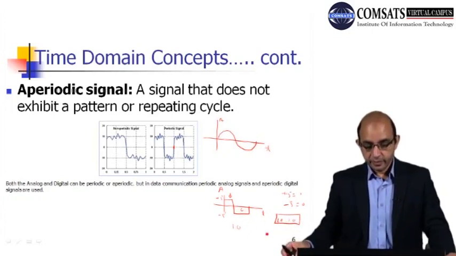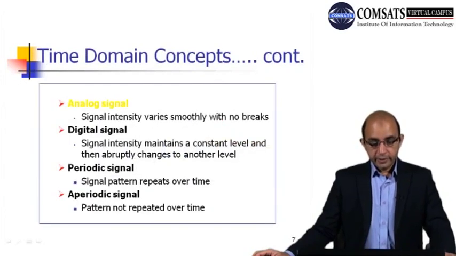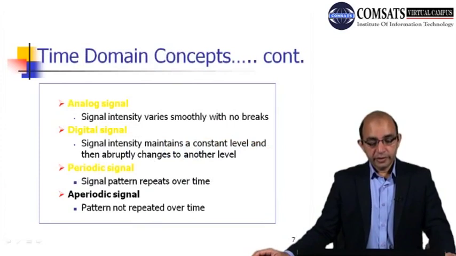So this is not repeating itself. So both analog and digital can be periodic or aperiodic. But whenever we talk about data communication, periodic analog signals and aperiodic signals are used. Both of the signals are used. So here we have more time domain concepts.